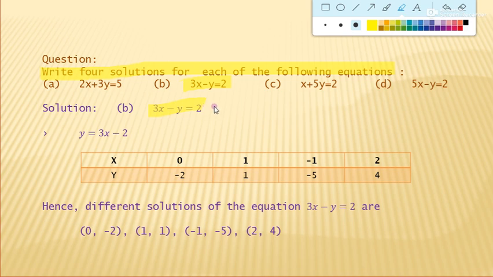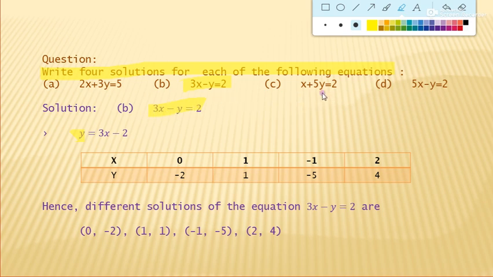In chapter 2 I taught you how to find the zeros or the solutions, that is, the values of x and y. If you put the values of x and y here, then it will become equal to 2. Let's start. First of all we have to write this equation in terms of y.